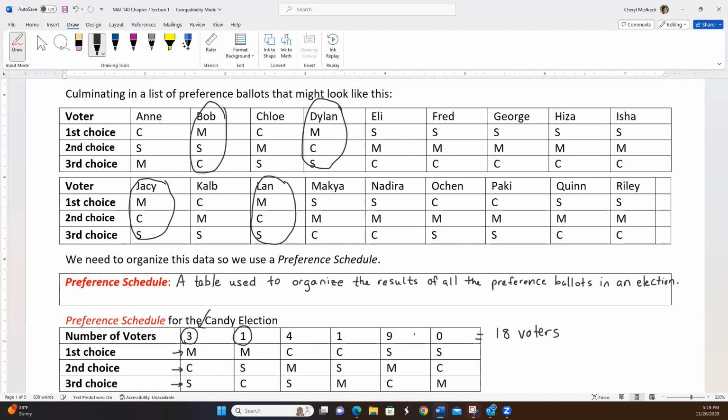And you can go and check it here. The most prevalent choice was SMC, which happened here 1, 2, 3, 4, 5, 6, 7, 8, 9 times, which is reflected in the 9 at the top. So that's how a preference schedule works.